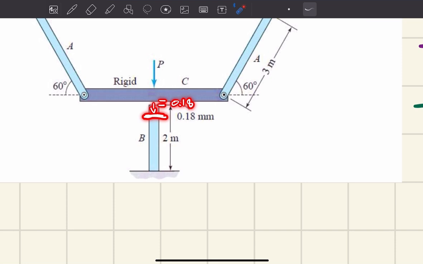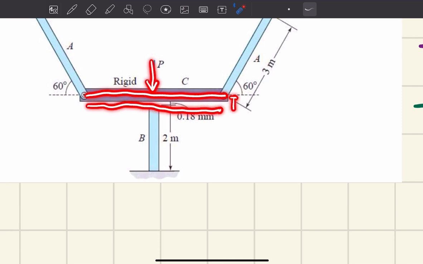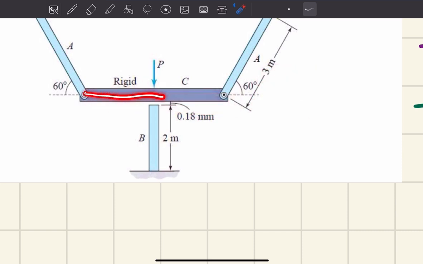Okay? What we want to find now is how far this bar went after we apply this load. Well, how far it went is basically the gap. We said the gap is 0.18. Remember, we gave it a variable, so 0.18, plus the change in length of bar B. That's how far this rigid bar C has traveled down, correct?